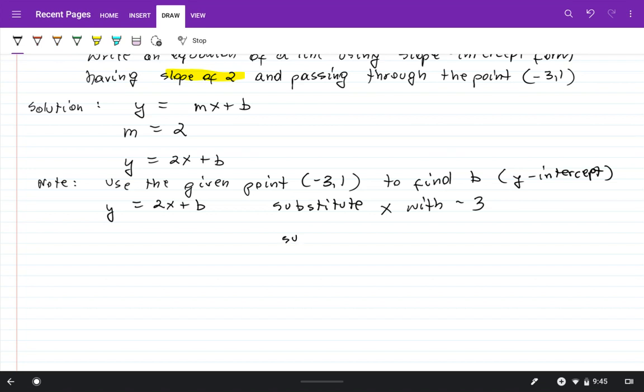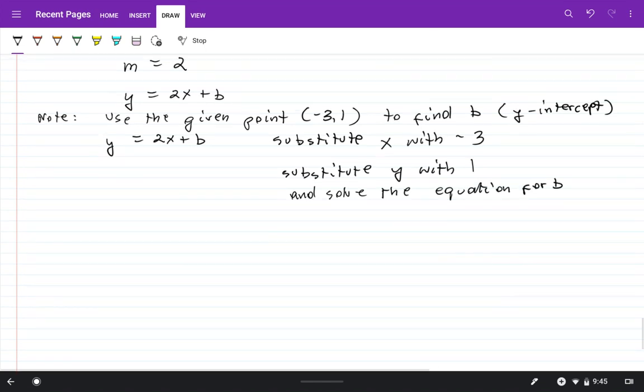We're going to substitute y with the y coordinate of the point, which is 1, and solve the equation for b. Okay, so let's substitute. x with -3, y with 1.